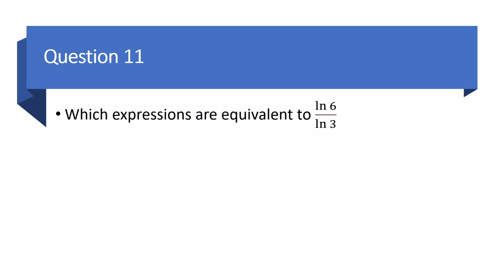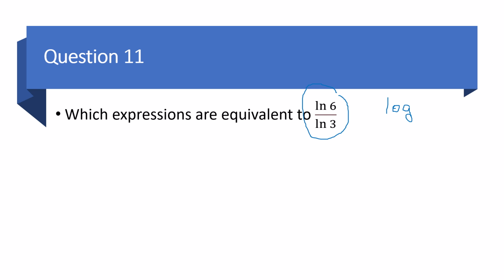And we're looking at ln of 6 over 3 and asking you, on your test, you'll be given 5 or 6 different kinds of expressions to match up with what's equivalent to this. So let's just take what we know. And we can write ln as any kind of common base.